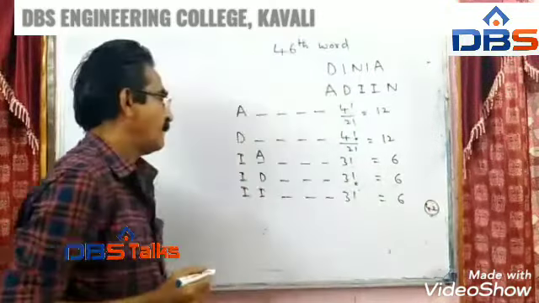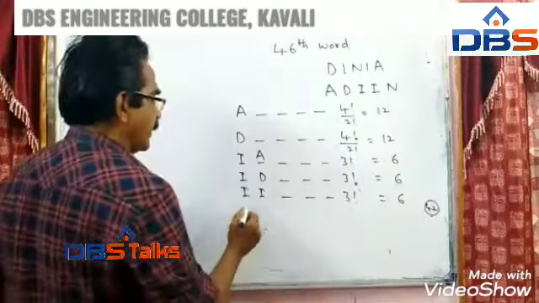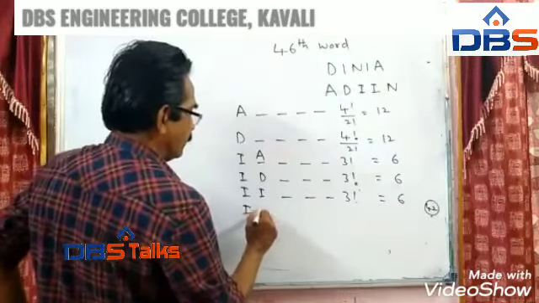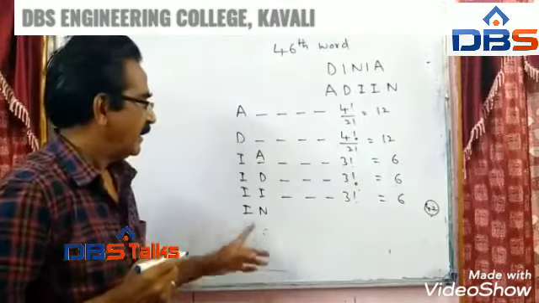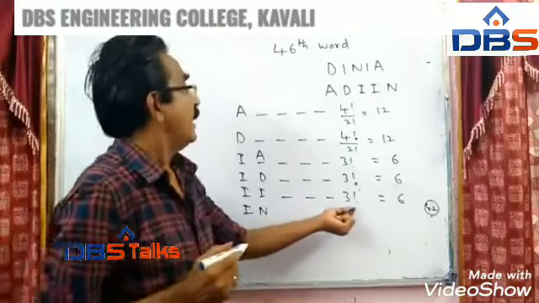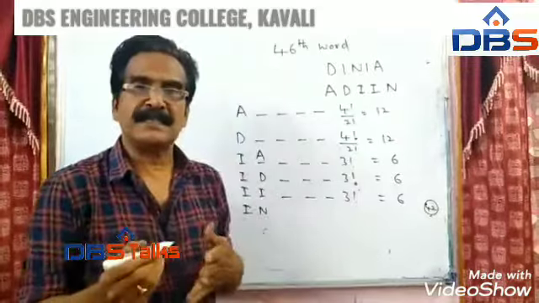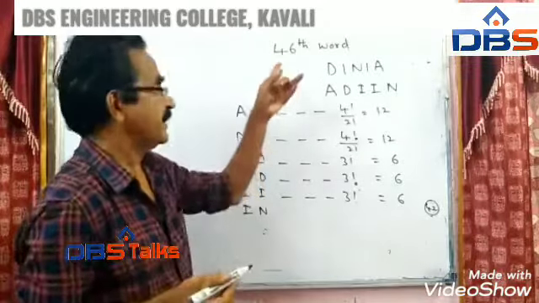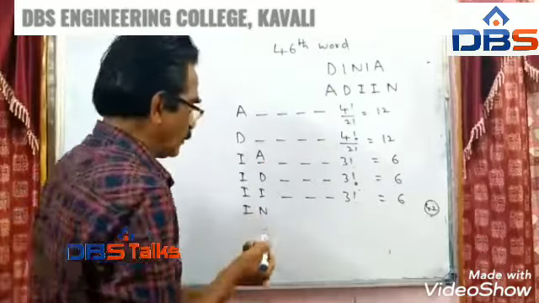So after II, the next is IN. If we take IN in the first 2 places, we get again 3 factorial, 6. 42 plus 6 becomes 48, which exceeds our number. So we have to take the next letter also.